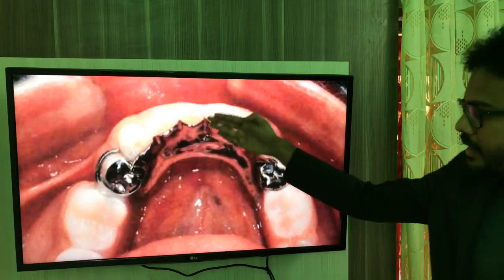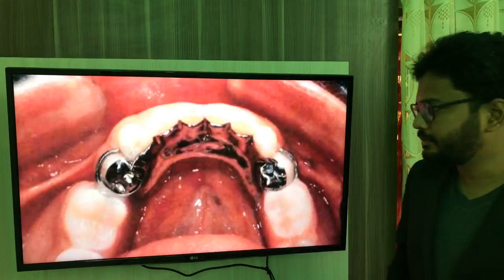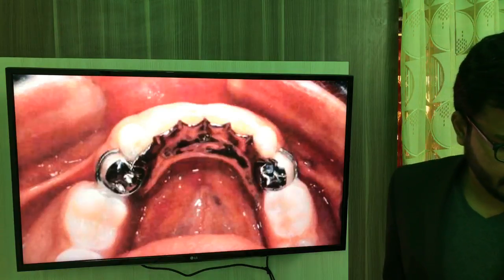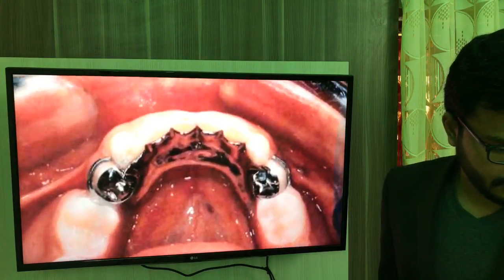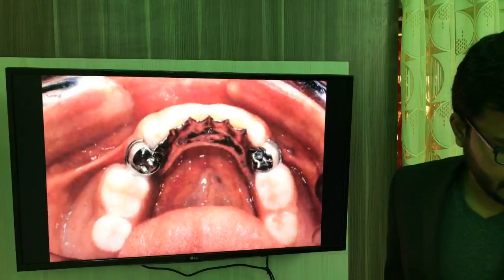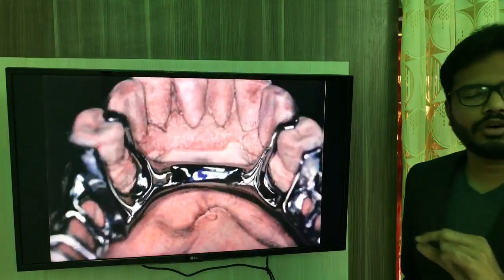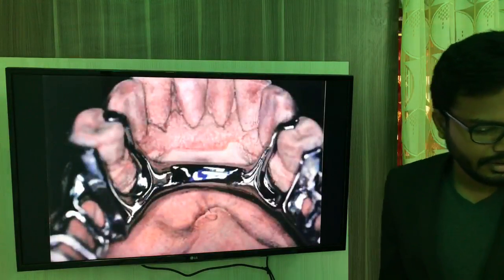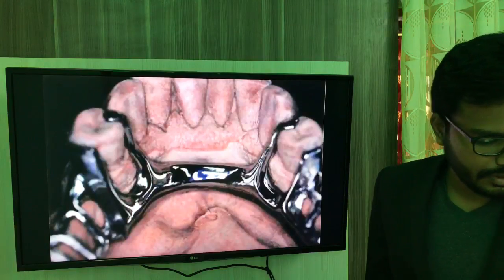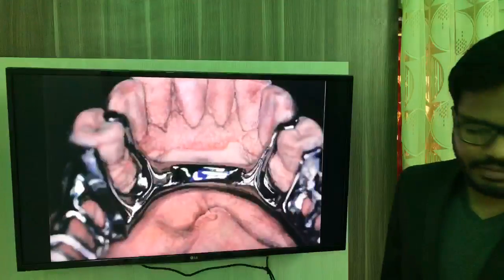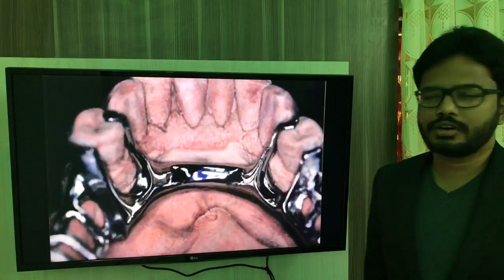You can see a plate-like extension, lingual plate. Cingulum bar is something which extends only onto the cingulum, right? So the final one for today's discussion. What does this image represent?